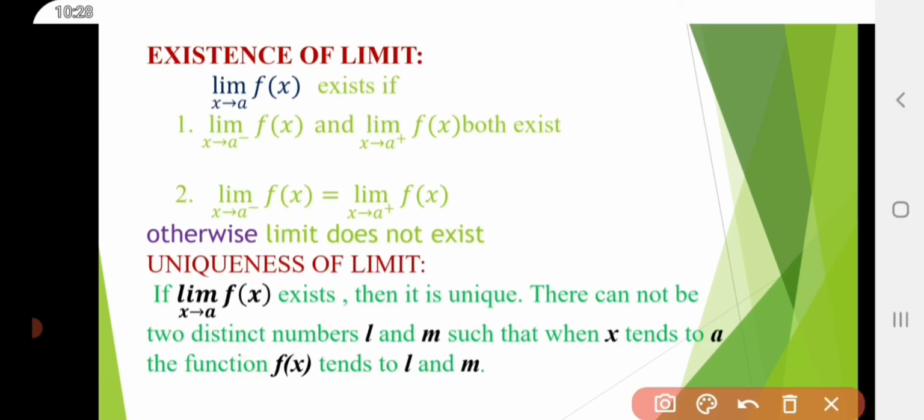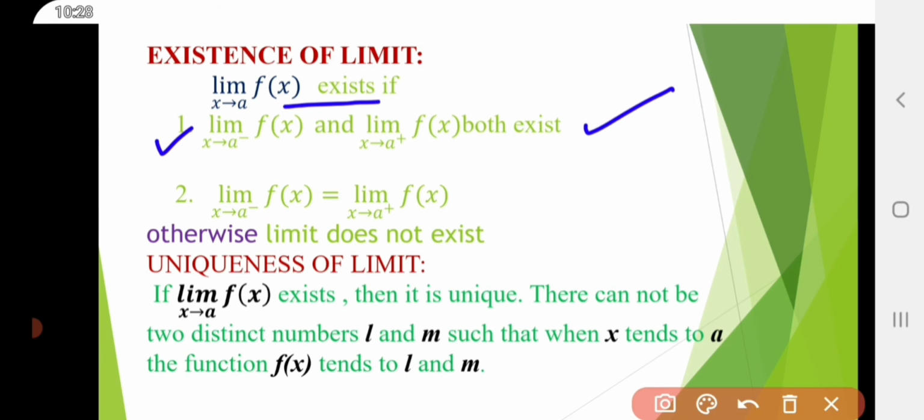Now come to existence of limit. What are the conditions for the existence of limit? So limit x tends to a, f of x exists if both left hand limit and right hand limit exist. So left hand and right hand limit must exist.